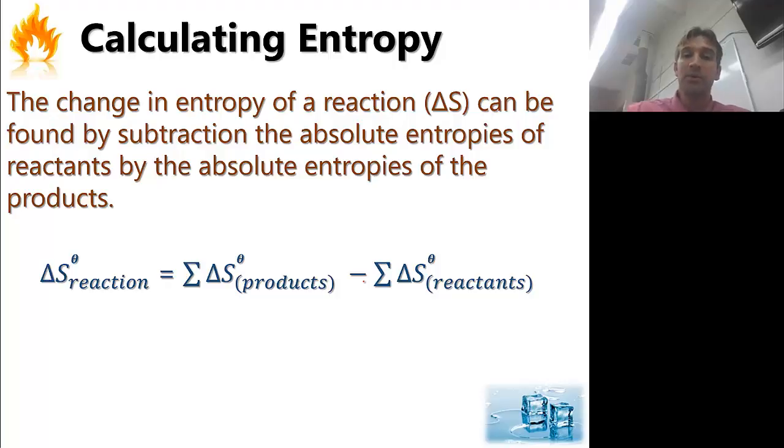You might be familiar with this equation because it looks just like Hess's law, which we've already dealt with in the past. Hess's law says the same thing, but with enthalpy instead of entropy. Similar concept though. If you take the ending minus the beginning, you find a change.